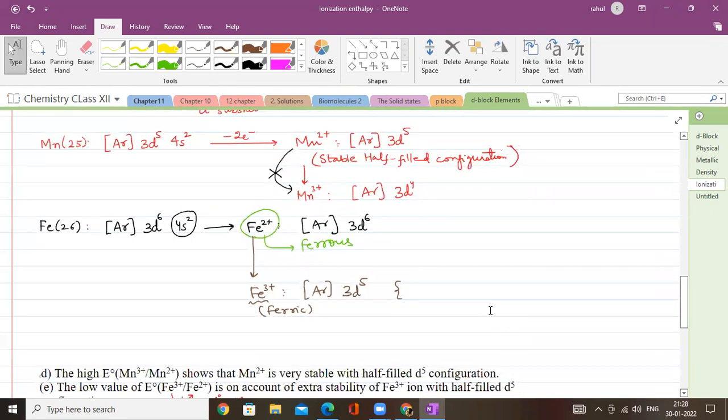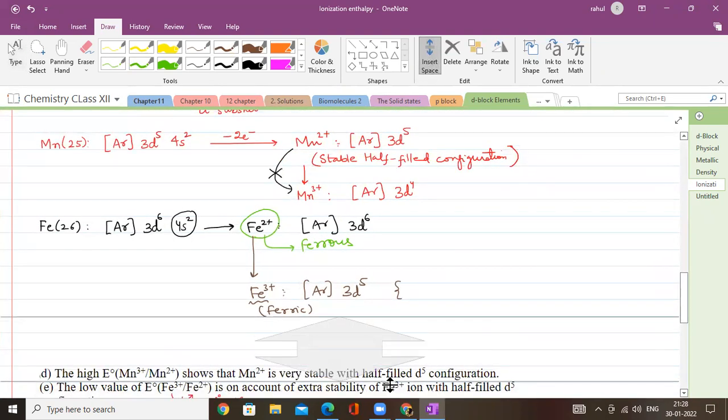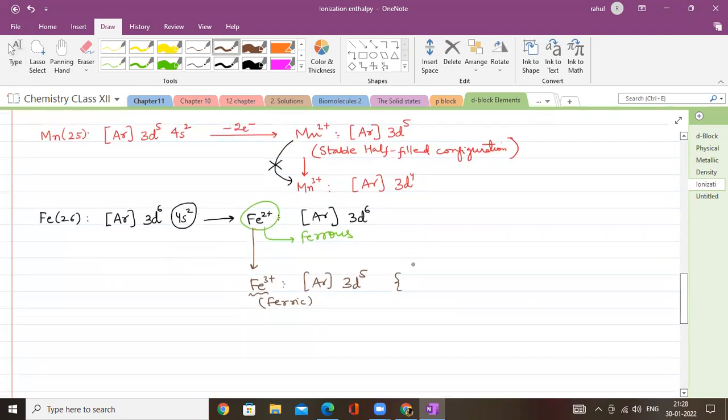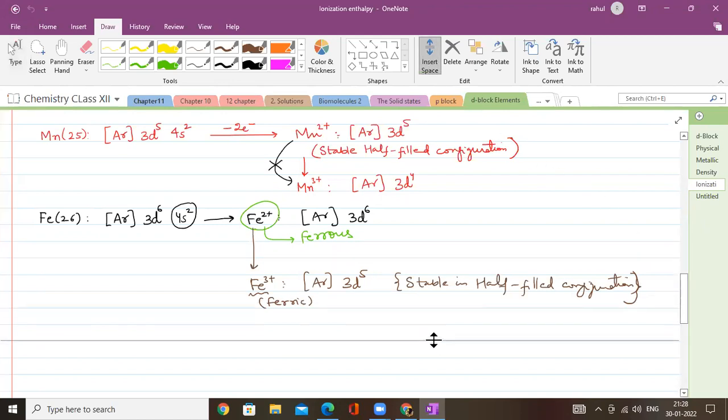I repeat, iron has a stable half-filled configuration in +3. So we conclude 2 things: Fe is always stable in +3, while Mn is always stable in +2 oxidation state, because they have half-filled configurations. Now in the same way, if I take up chromium, the most important one, I will write down the configuration of chromium.